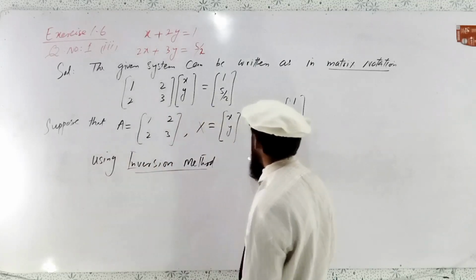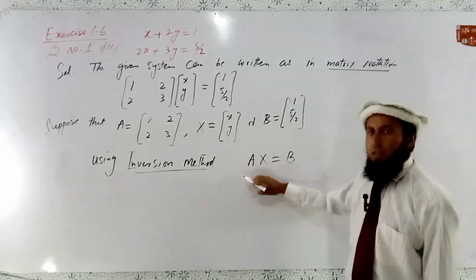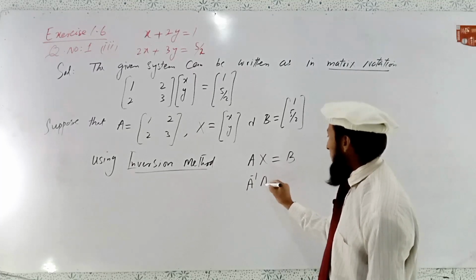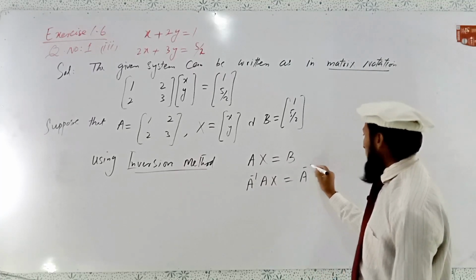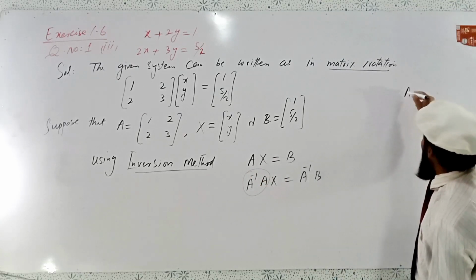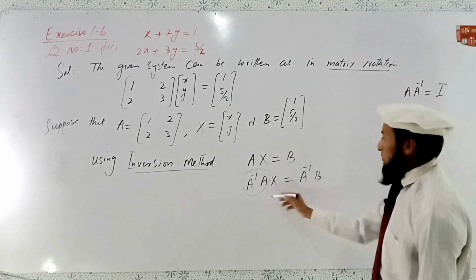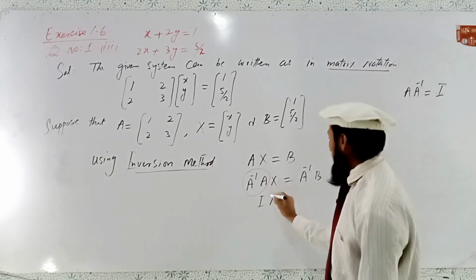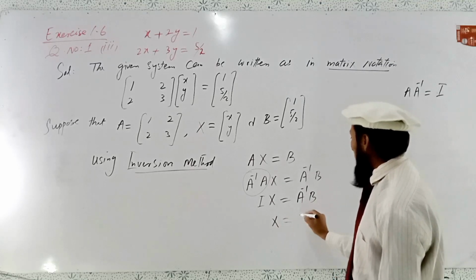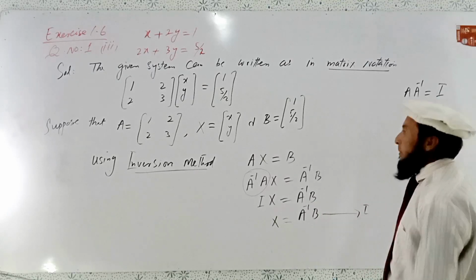We know that AX is equal to B. It means that if we multiply A inverse on both sides, then A inverse A X is equal to A inverse B. We know that A into A inverse must be equal to the identity matrix, so we get X is equal to A inverse B. We call this equation number 1.